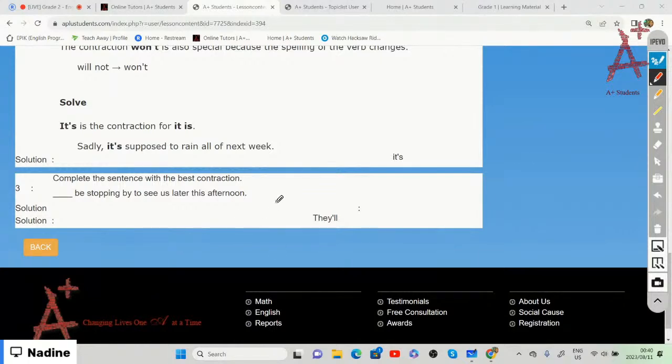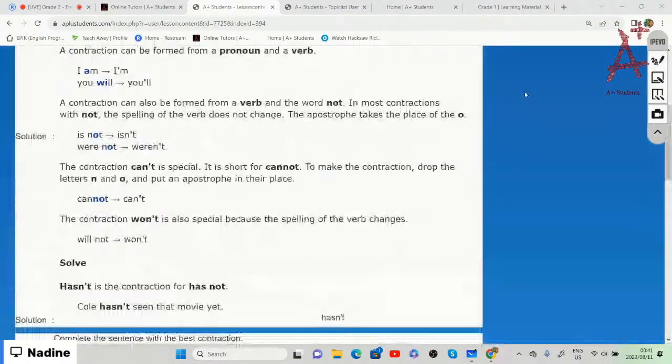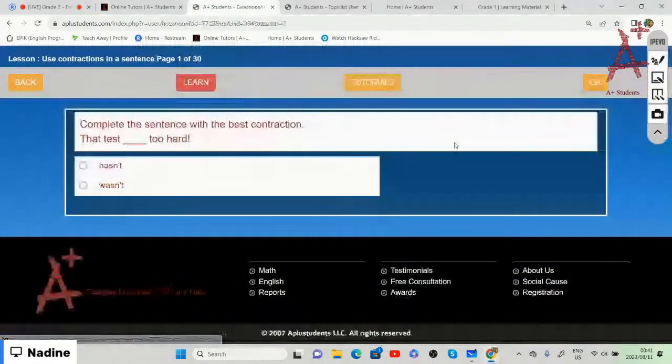All right, so now we're going to go to our test. We need to complete the sentence with the base contraction. That test, is it hasn't too hard, or that test wasn't too hard?